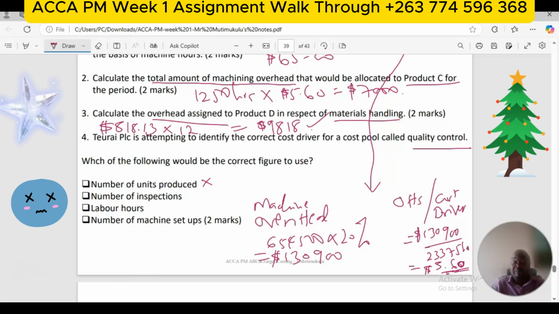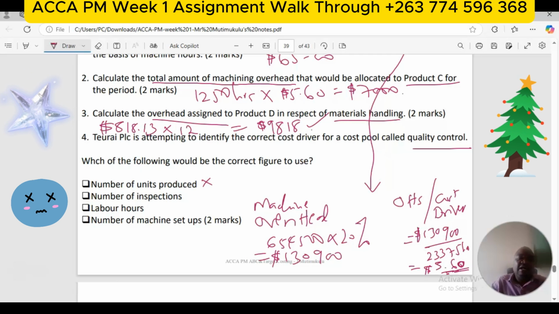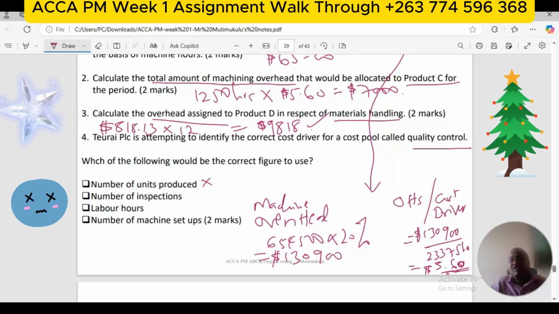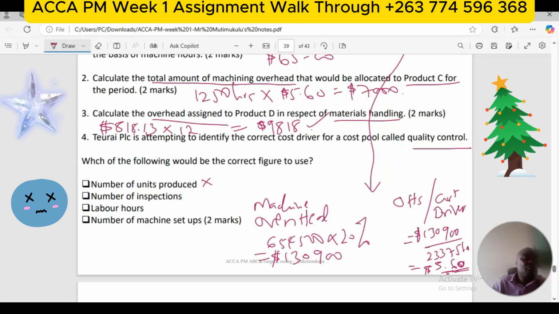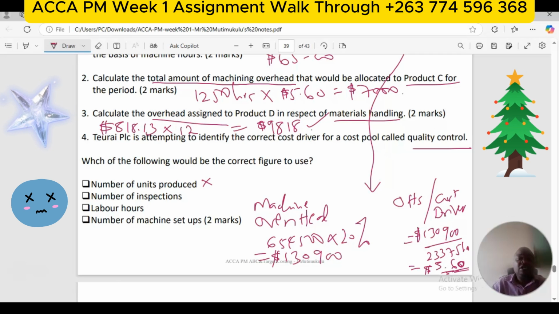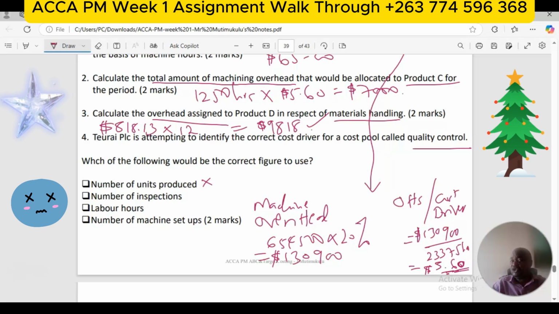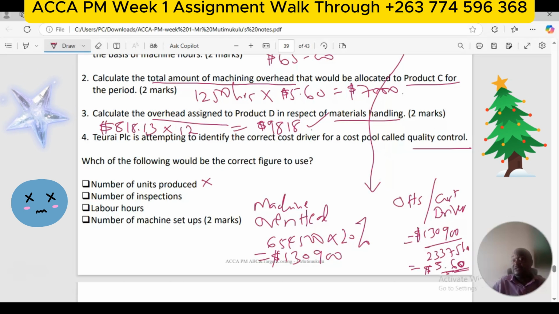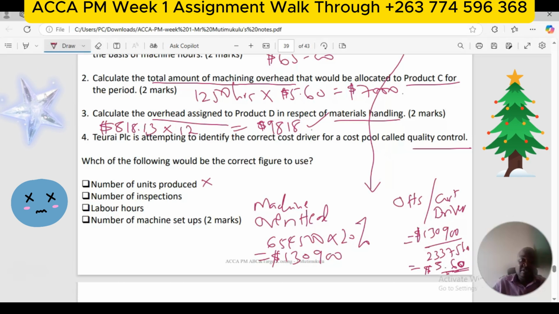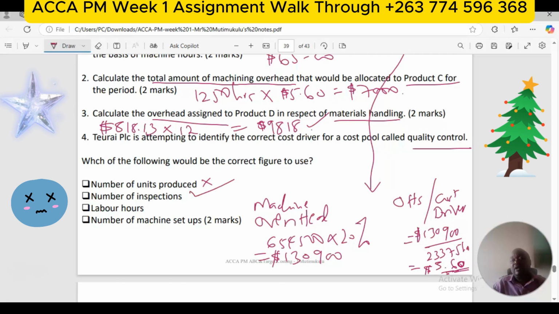It would defeat the purpose, because producing more doesn't mean that there was high quality control or that the quality of the product is guaranteed. No. Then number of inspections. Yes, this is correct, because number of inspections can give us some assurance that some quality control was being done. So this one is the correct one.